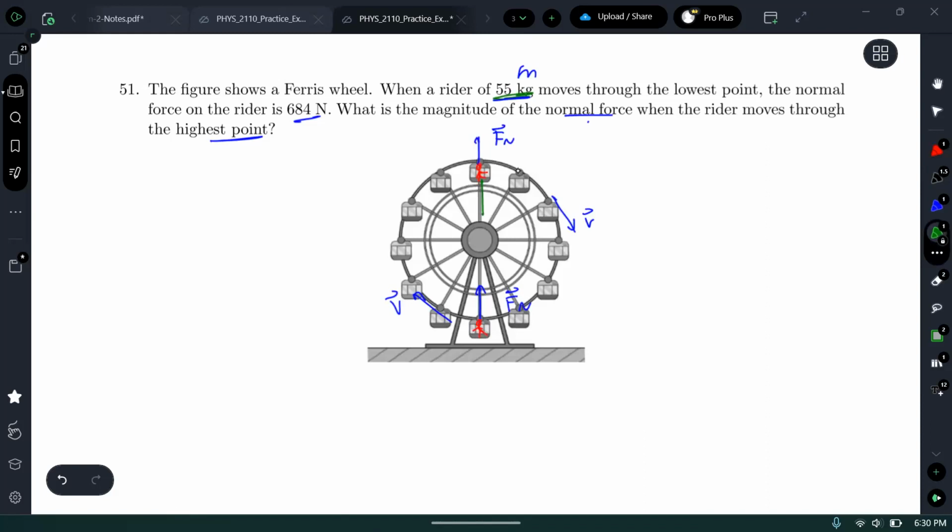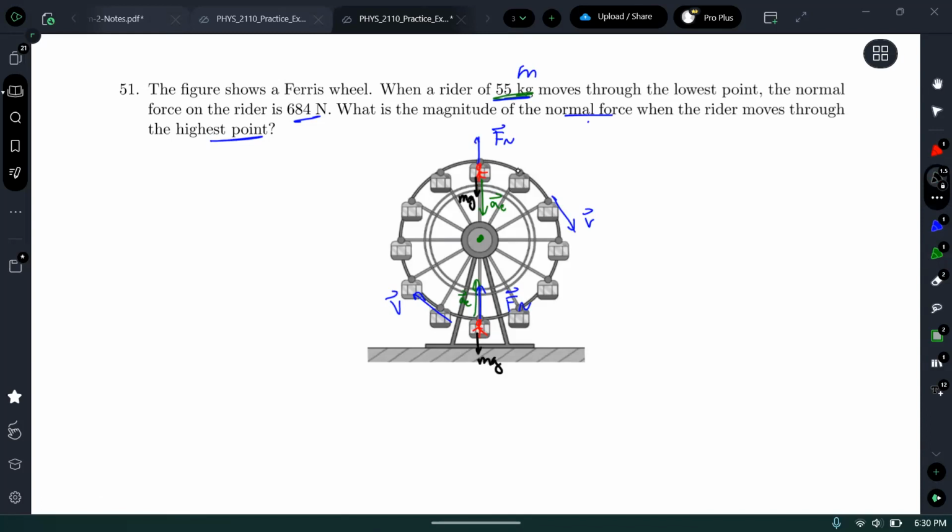Not a constant direction, but the magnitude of it. Because up here, it'll point towards the center. Down here, it'll also point towards the center. Writing a_c, just say centripetal. And where that acceleration comes from is the net force acting on the person, which is normal force minus gravitational force. Right? Gravity is pulling them down.